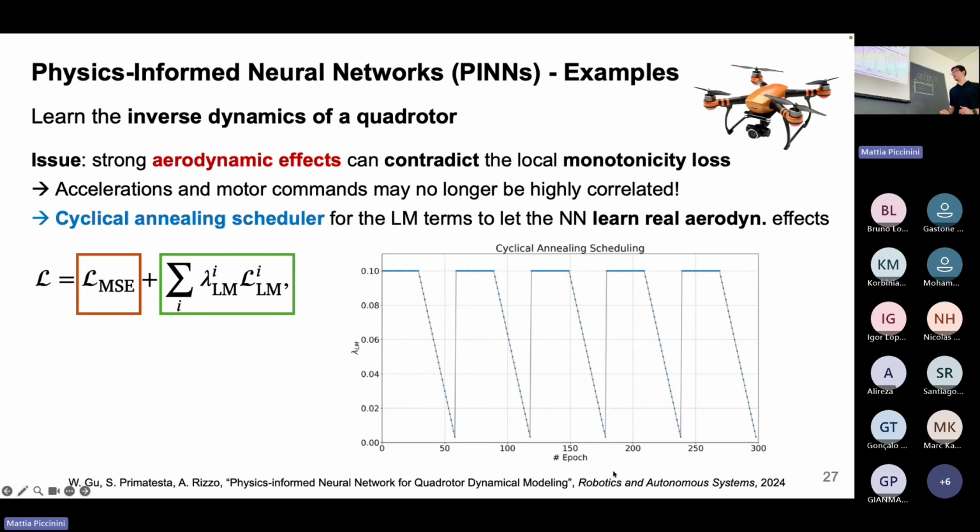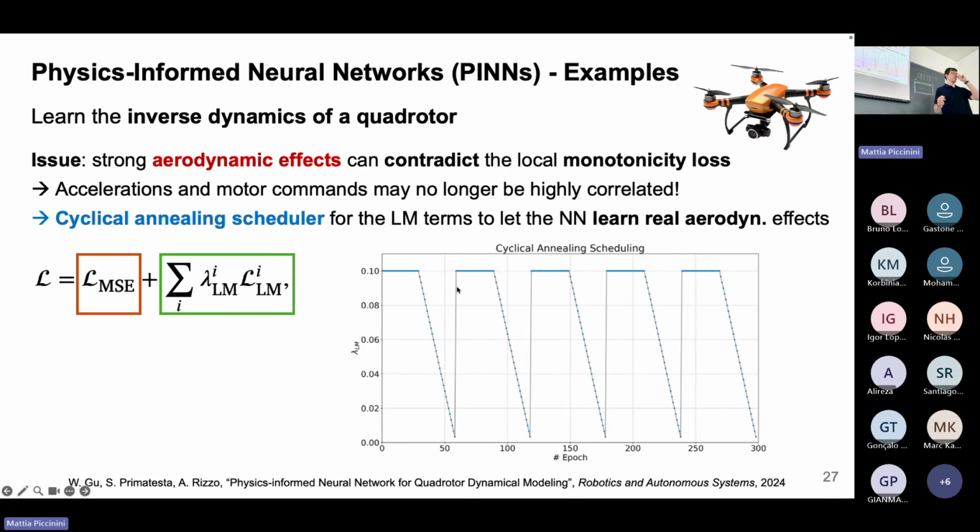One epoch is when the network sees the whole training data set. And sometimes, like after 40 epochs, they are driving the lambda LM term, the weight that multiplies the local monotonicity term, so basically the physics-informed term, to zero with a certain cyclical annealing scheduler. They call it like that.